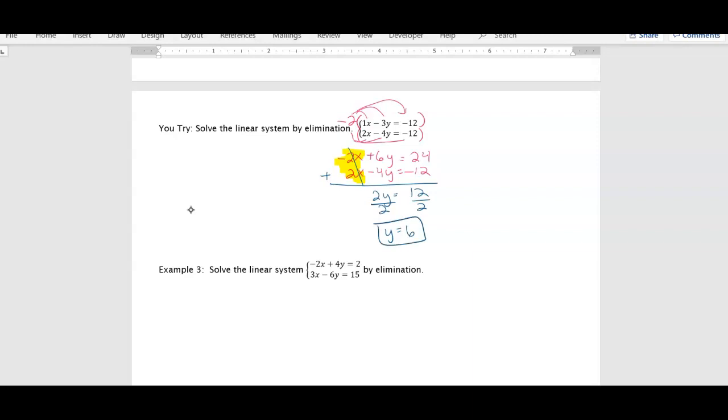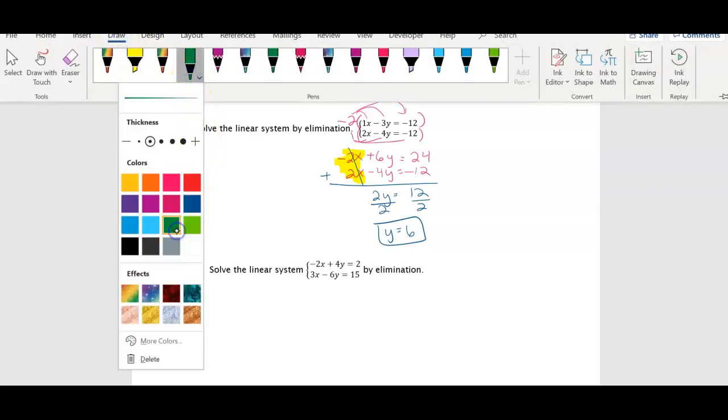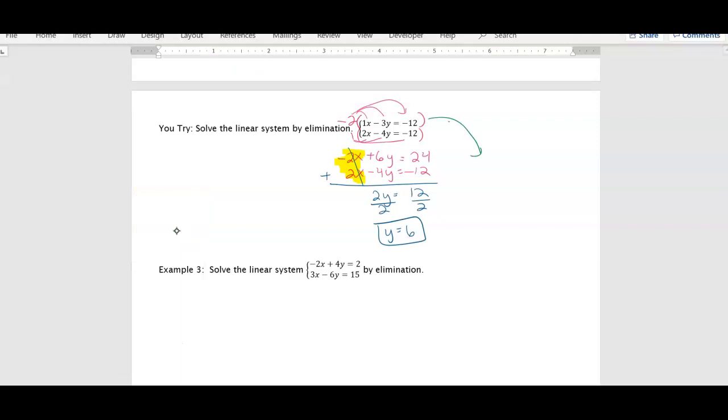My last step would be to take the y value and plug it into one of my equations, so I'll choose the first one. So I'm going to write 1x minus 3, and instead of y, I'm putting in 6 equals negative 12. I want to get rid of the parentheses, so 1x, and then I do negative 3 times 6 is negative 18 equals negative 12.